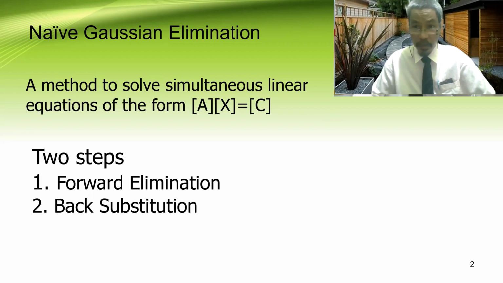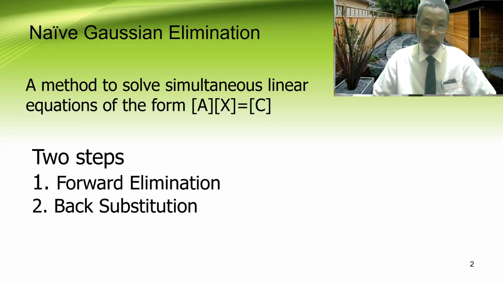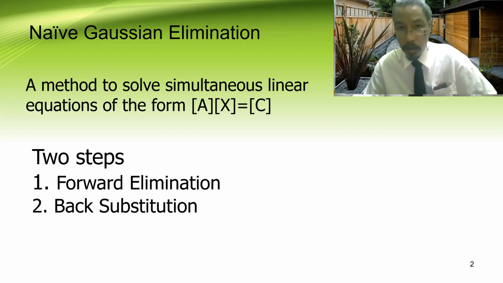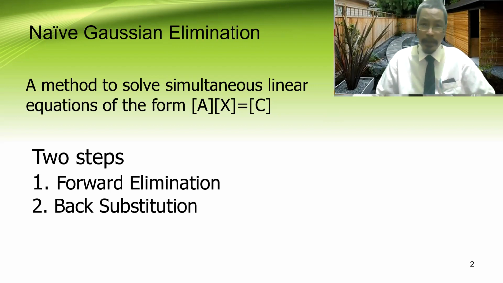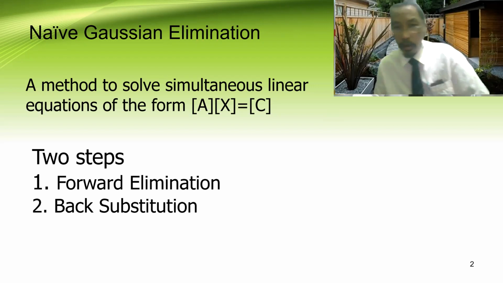A times X equals C, where A is a matrix, so a square matrix, and X is a vector, is equal to some constant value vector. So X is the variable, and the elements of A are the coefficients of the variable X. There are several X's, X1, X2, X3, and so on.